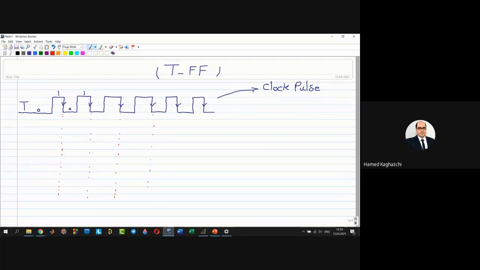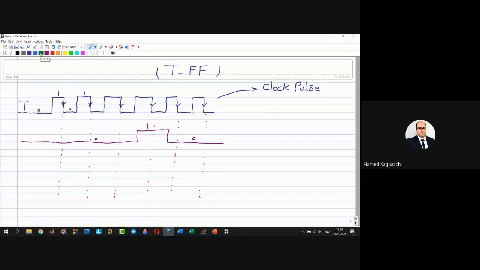Now I want to show you how the output of the toggle flip-flop changes. Now let's draw the C or clear. Suppose that I have the C which is 0 up to here, and here goes up to 1, for example, up to here, and then goes to 0.